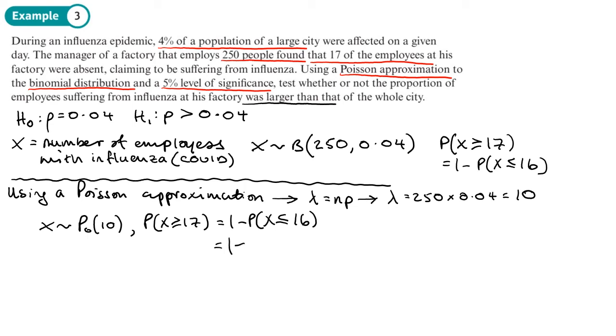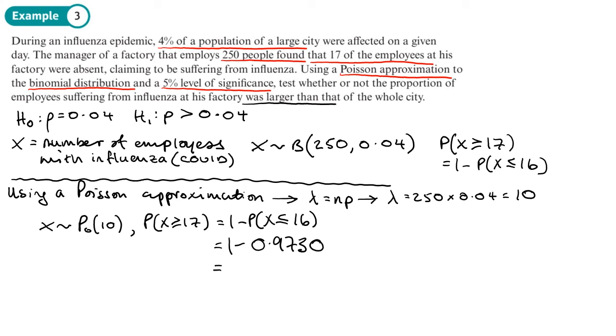So let's go to Poisson CD. Variable X is going to be 16, lambda is going to be 10, and I get 0.9730 to 4 decimal places.